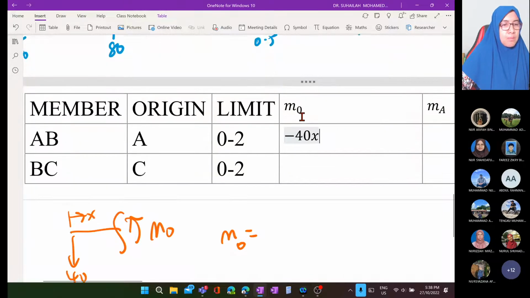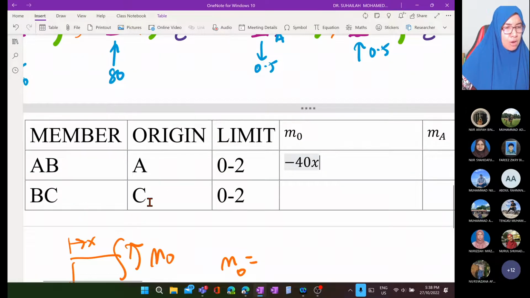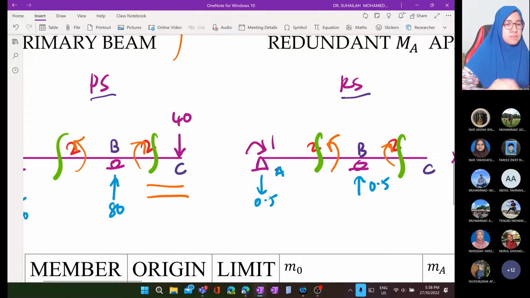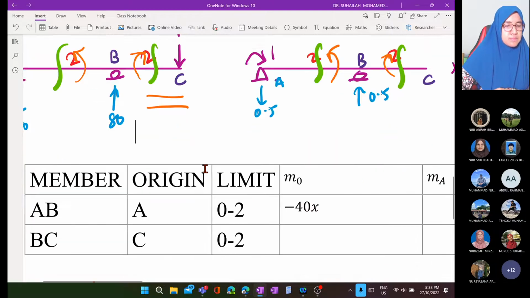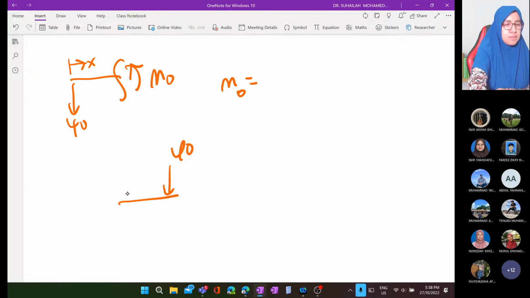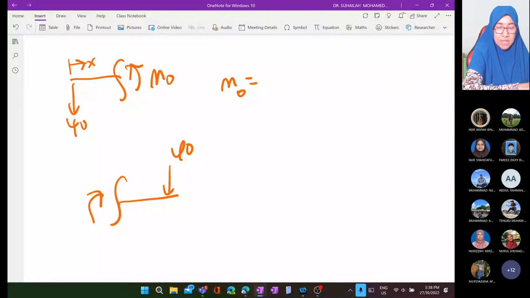Okay. Move to BC, origin C. What is the equation? It is like this, 40. Moment rotates like this.